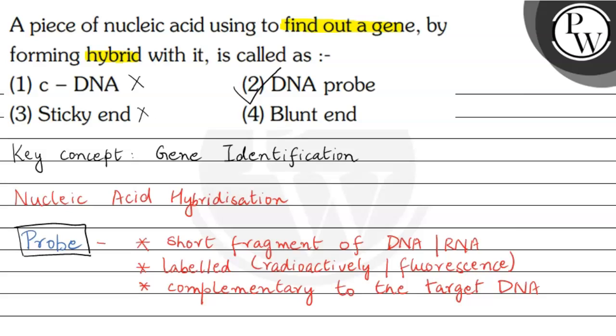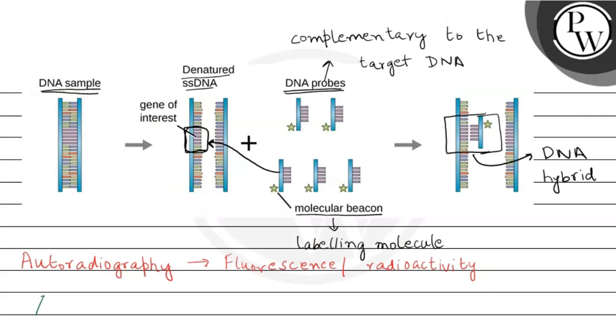Also, blunt end is also formed when a restriction endonuclease cuts the DNA at a specific position. So again, a blunt end is also not one which is used to identify the presence of a gene. So our final answer is option 2, that is DNA probe.